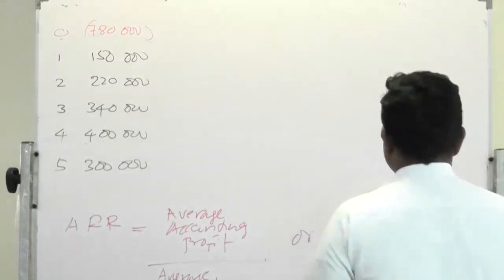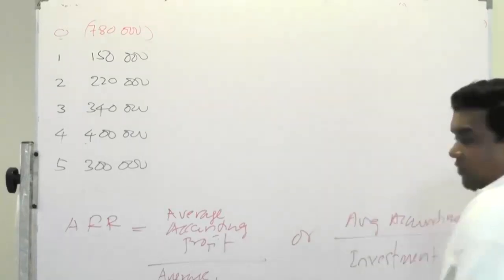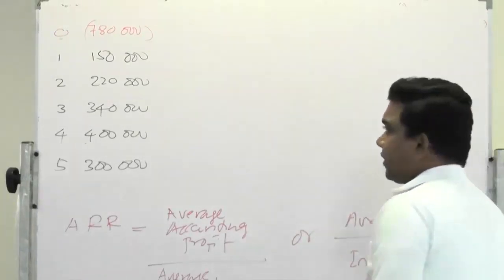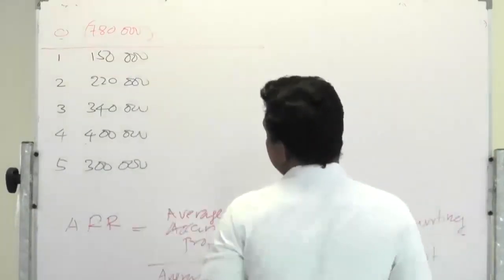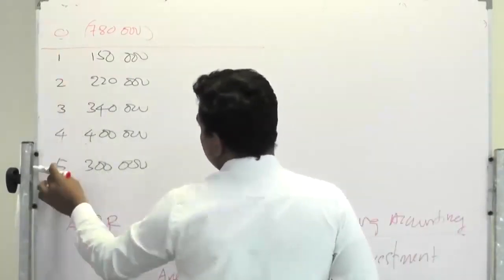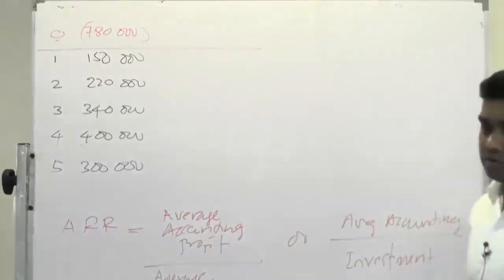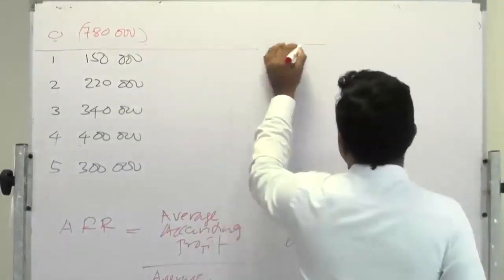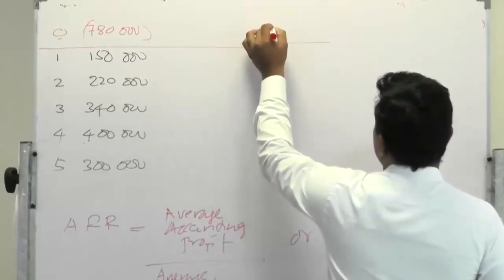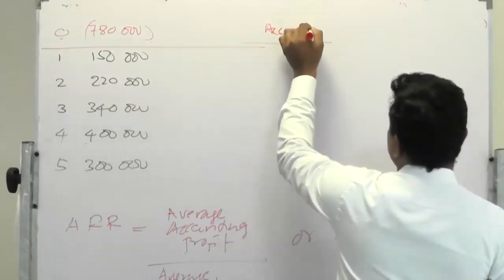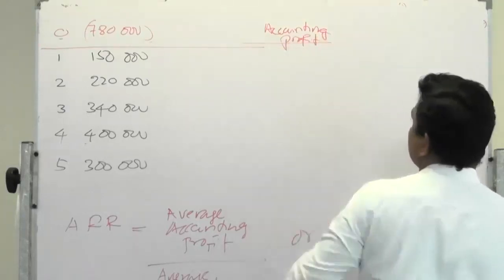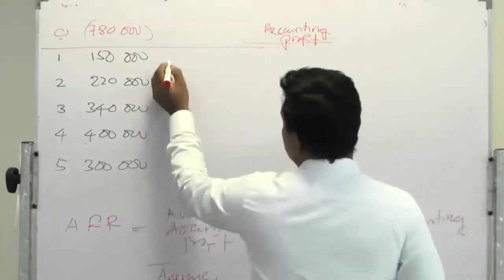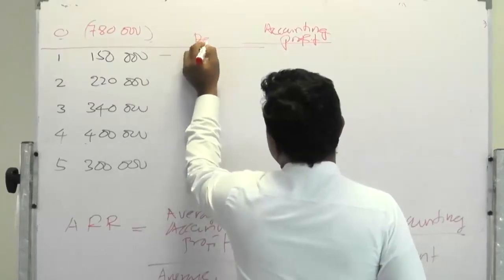First we calculate the average accounting profit. To calculate average accounting profit, right, this is the initial investment. These are the first year to fifth year net cash flows. To obtain accounting profit, what do we have to do? We need accounting profit, right? To obtain accounting profit, you need to reduce depreciation.